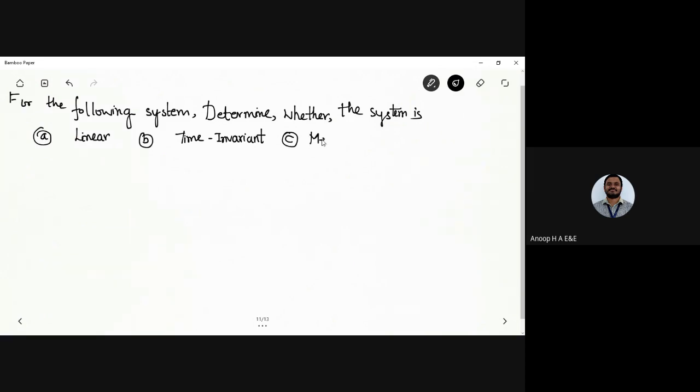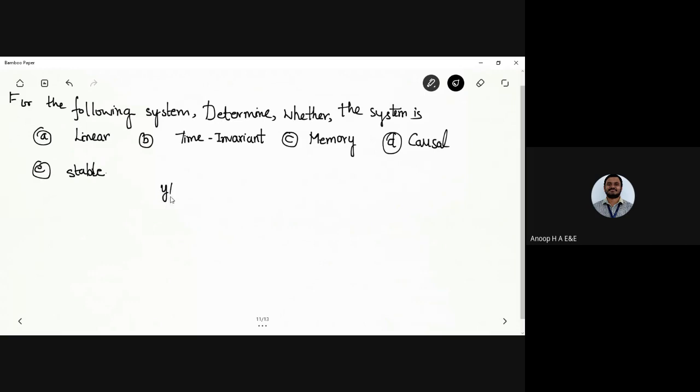You have to say whether it has memory or is memoryless. Next, the fourth one, causal. And next we are going to have stability, whether the system or the given signal is stable or not.